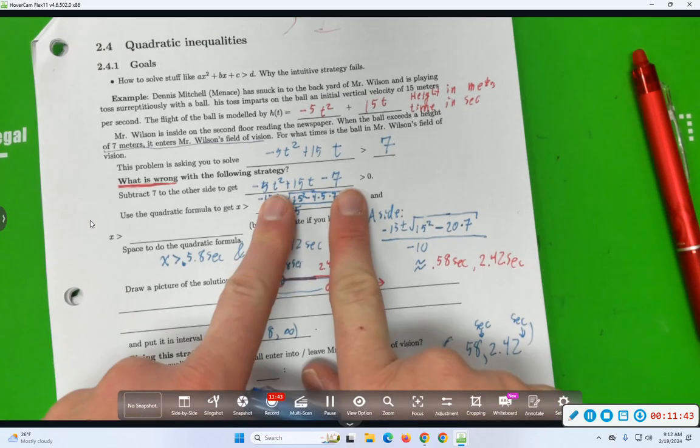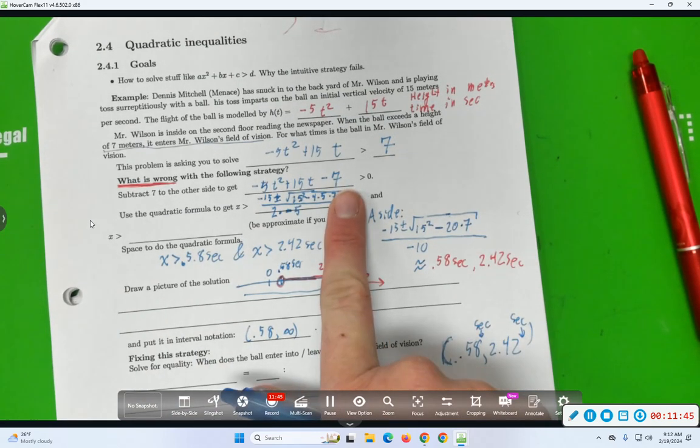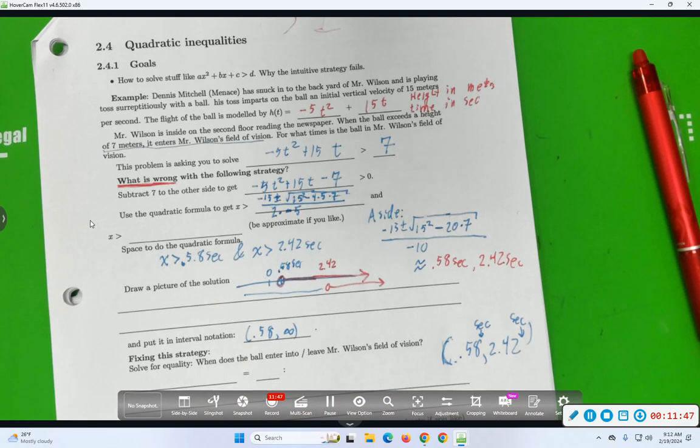But this logic just said I had two inequalities. They're both bigger than. What's wrong? So I used the quadratic formula, right? Does the quadratic formula do anything with inequalities? No, the quadratic formula only applies to equalities.